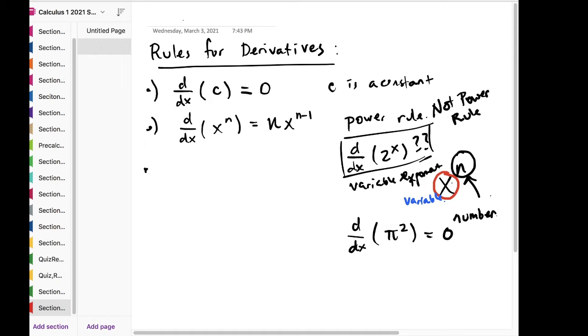Yeah, so let's rewrite. So you can only use the power rule when n is a constant or a number, and x is a variable.